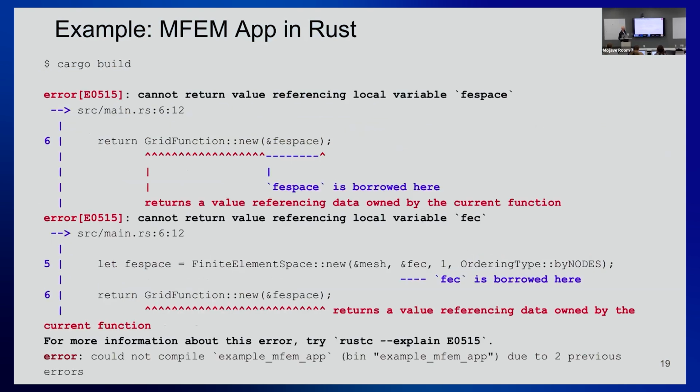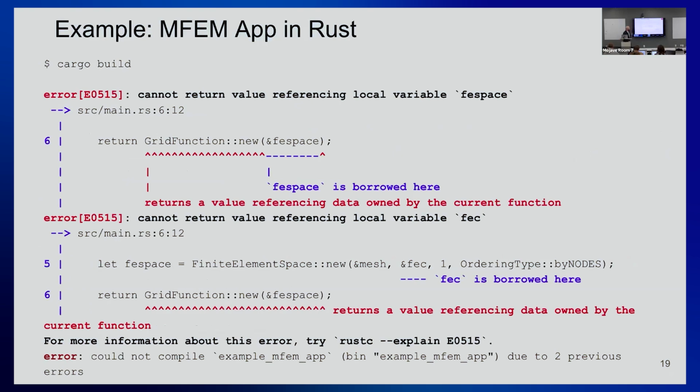And if we try to build and run it, the compiler will immediately tell us, hey, you're doing something here that does not look okay. In fact, we get two of these errors that are basically the same thing. We are trying to return something from the function that only exists as a local variable inside the function. And it's a very detailed explanation, as you can see.